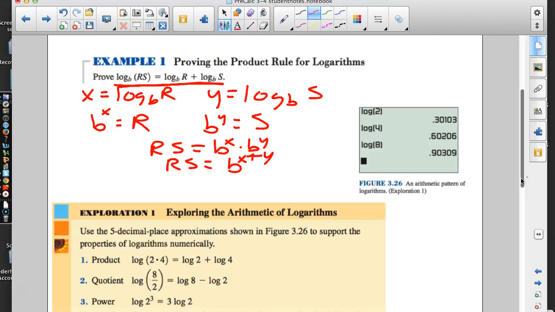Well, I could take the logarithm of both sides, logarithm base b. Something cool happens over here. What happens on the right-hand side when we take logarithm base b?